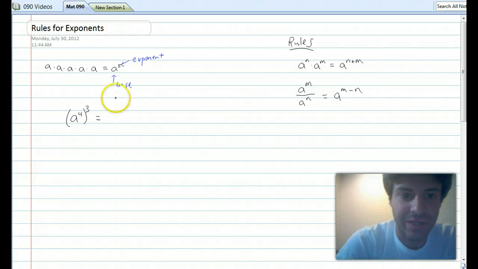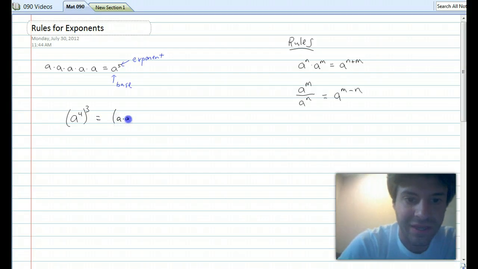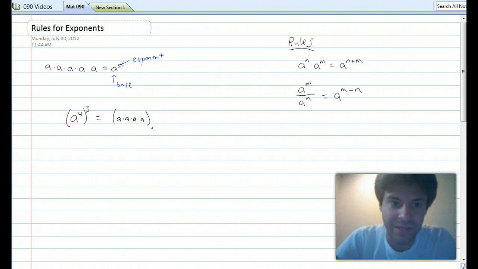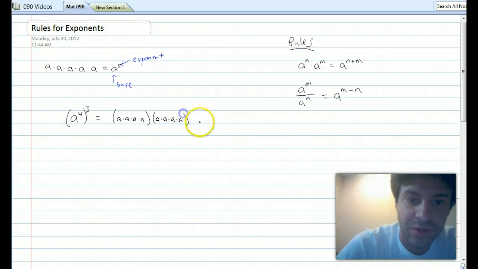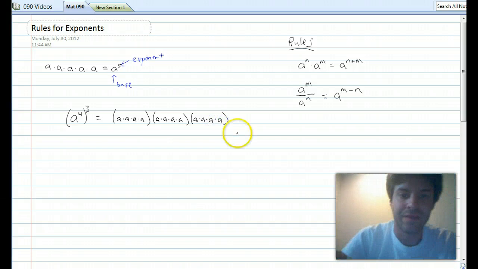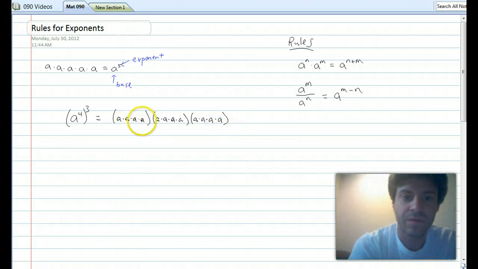Now what that means is we have a to the 4th, which is a times a times a times a. And if you cube that, that means you have to multiply it out 3 times. So what we have is a times a times a times a multiplied out 3 times. That's a to the 4th raised to the 3rd power.